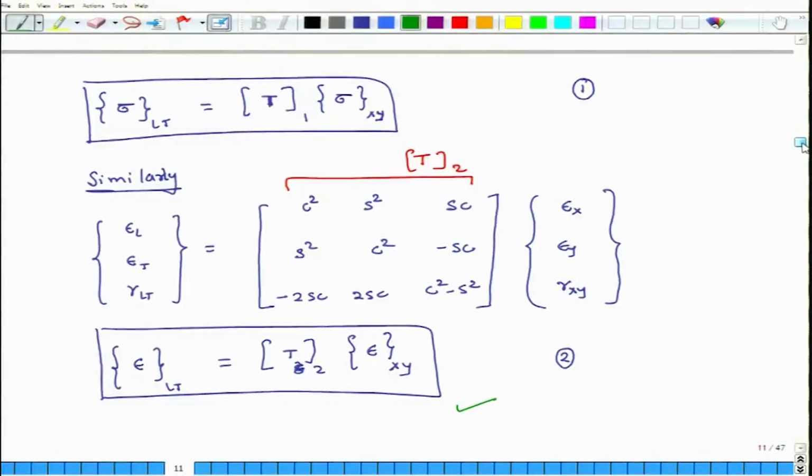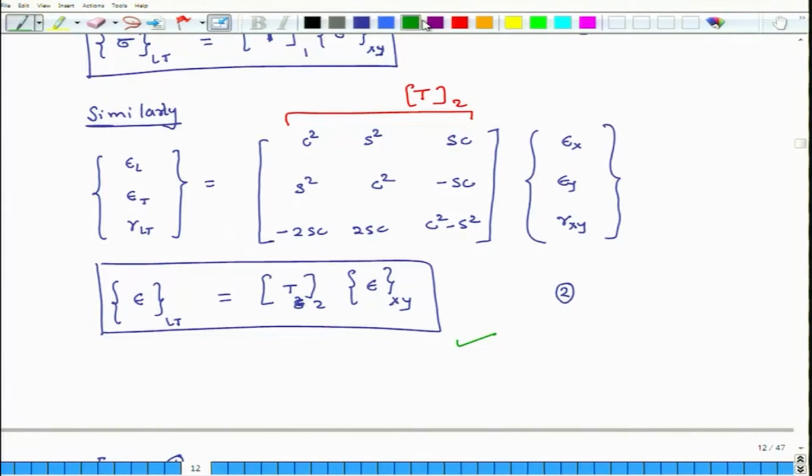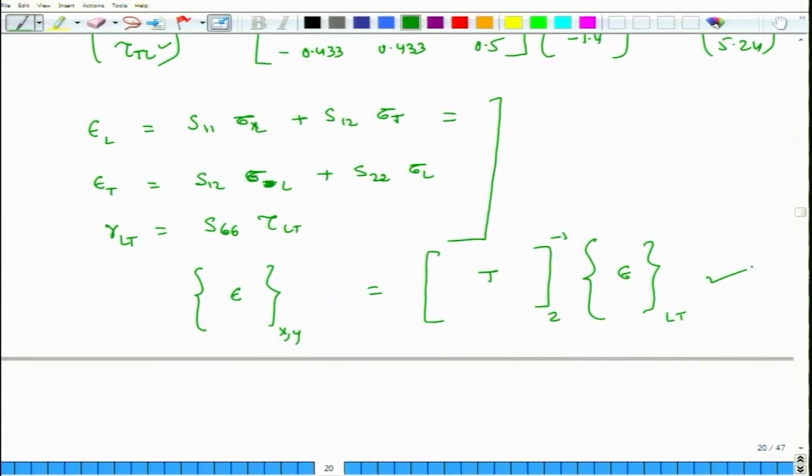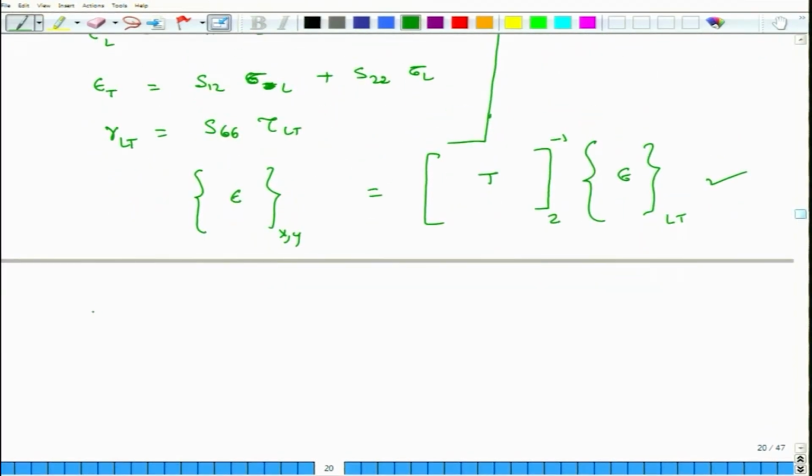So, what are the elements in that T2 matrix we had shown earlier. Here, if you replace theta by minus theta, what are the terms which are going to change? This will go from positive to negative, this will go from negative to positive, this will go from positive to negative, this will go from negative to positive. All other things remain the same. So, you do those replacements, and that will give you inverse of T2, and then you multiply that by epsilon LT, which we know how to calculate, and then you get epsilon x, epsilon y and gamma xy.